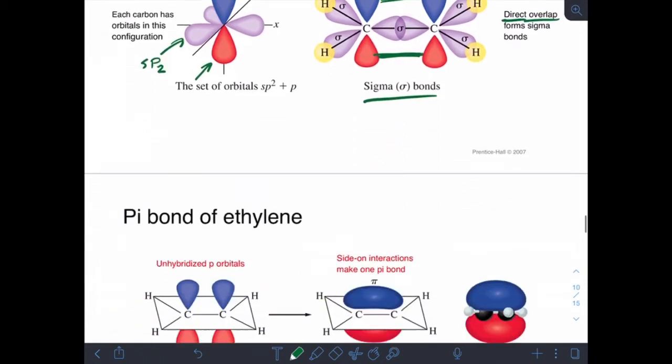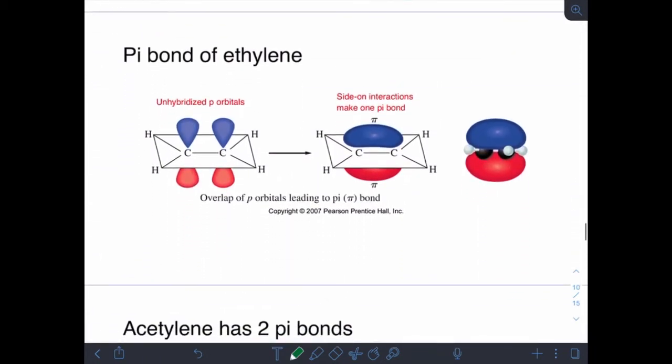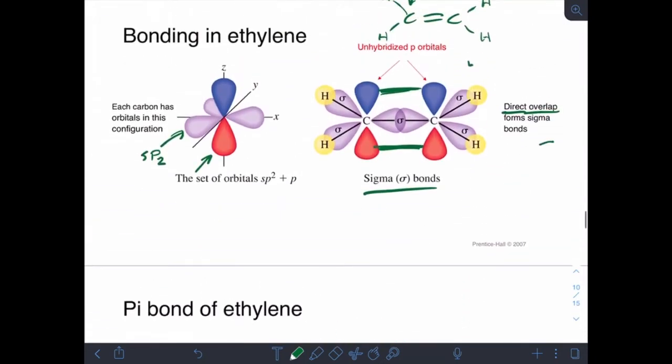Let's take a look at what that looks like. Over here, this plane is all of my sp2 bonding. Then I've got these unhybridized p orbitals, and they're going to share at a distance. These are side-on interactions. Coming back up here, my direct overlap of orbitals makes sigma bonds.